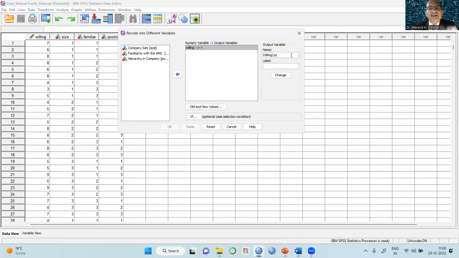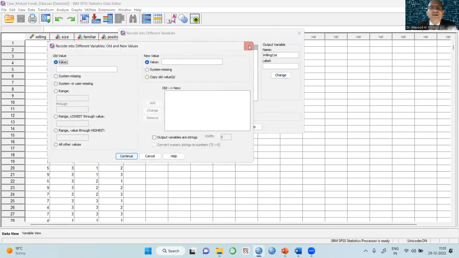So this is the willing category, and we will be clicking Change. So a new variable would be created, recoded from willing to willing cat. Willing is the numerical or input variable, and willing cat is the output variable that we are converting. Now we will be selecting Old and New Values, right?